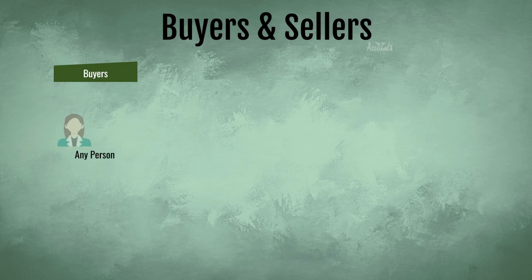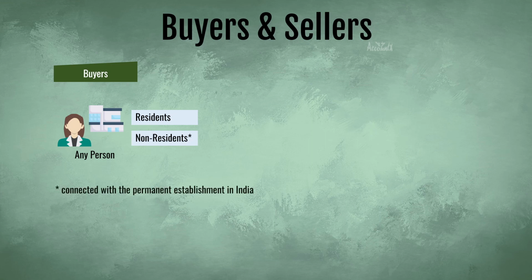First, buyers. Buyers can be any person, say an individual, firm, association, company, etc. And these persons can be either residents or non-residents. But for non-residents, the transaction should have been connected with their permanent establishment in India.